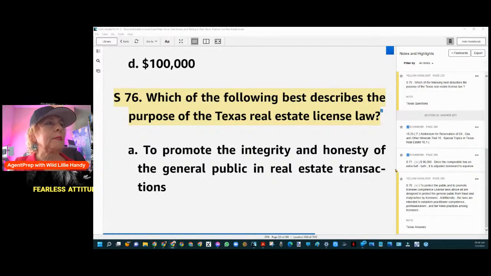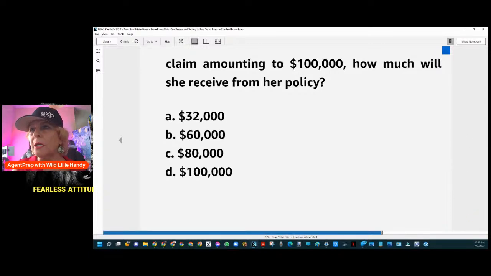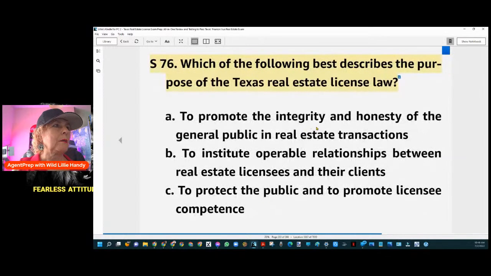All right. So get ready for Texas state questions. And thank you for bearing with me. Anybody that was watching online, the replay, hey, fast forward. So number 76. Texas state questions.